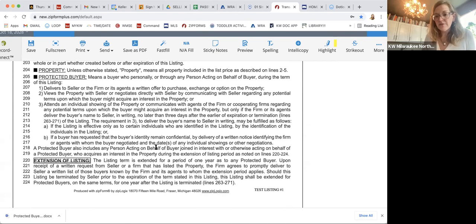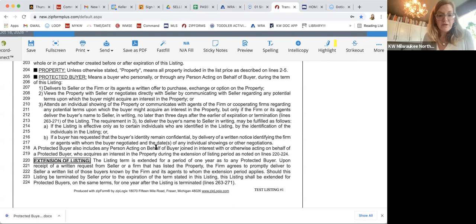Then it goes on to define what a protected buyer is, and this comes under that extension of listing provision, which follows this. So a protected buyer means a buyer who personally or through any person acting on behalf of the buyer during the term of the listing delivers to the seller or the firm an offer to purchase, views the property with the seller or negotiates directly with the seller by communicating with the seller, attends an individual showing of the property or communicates with agents of the firm or cooperating firms regarding any potential terms.